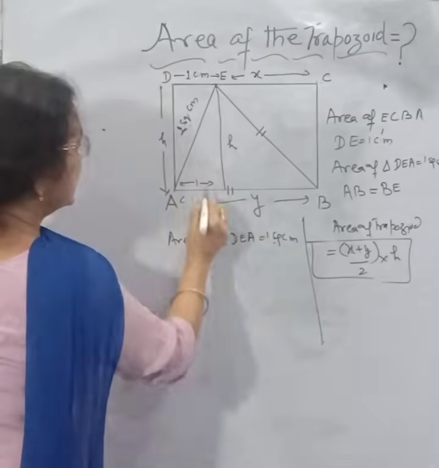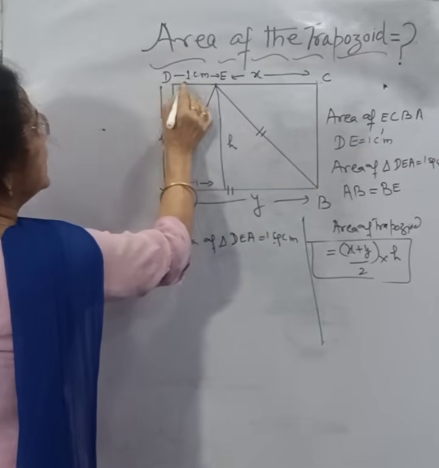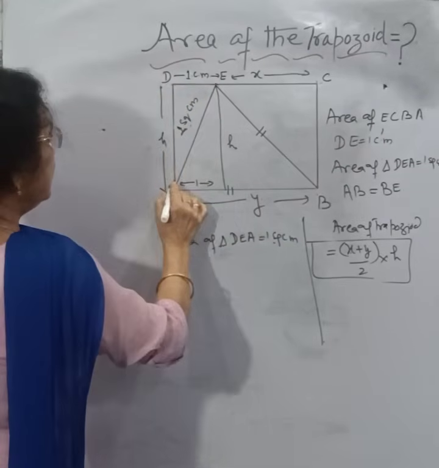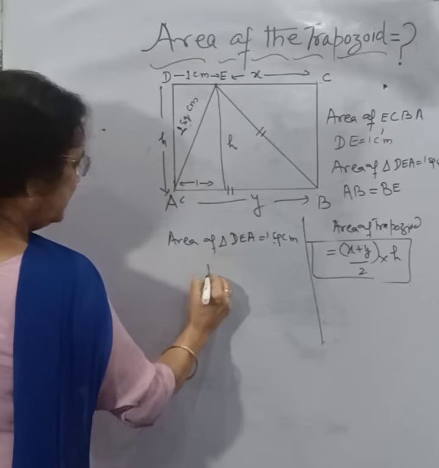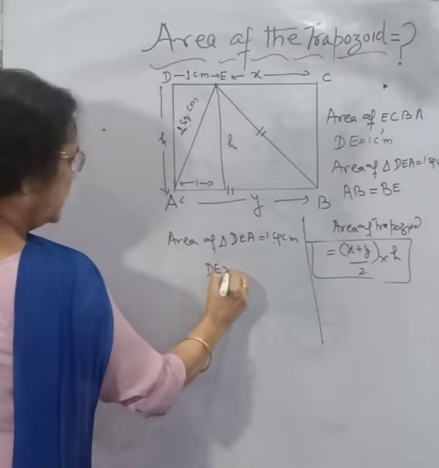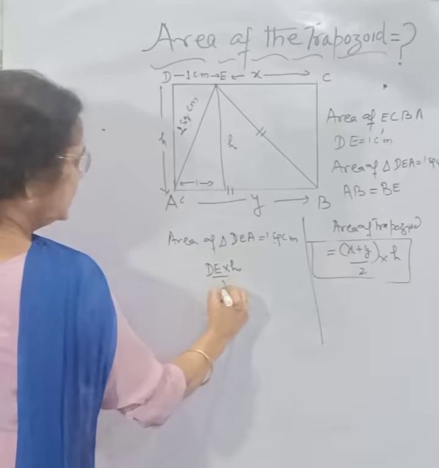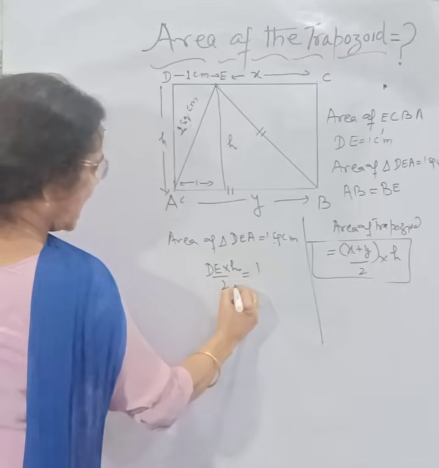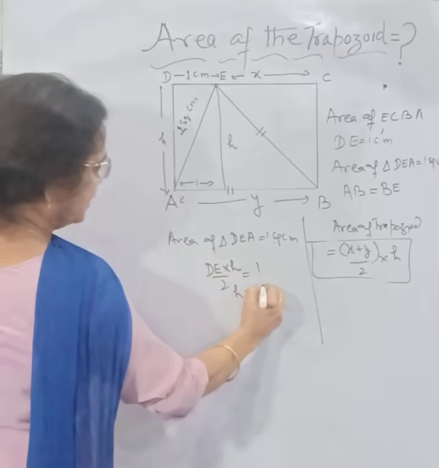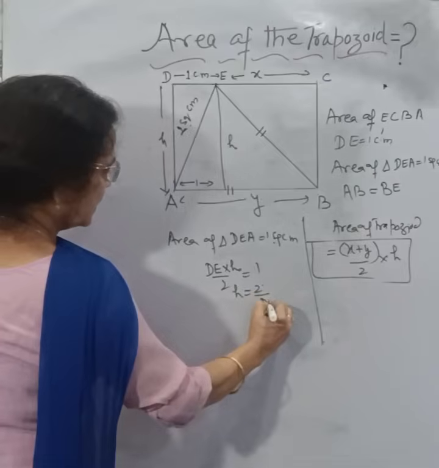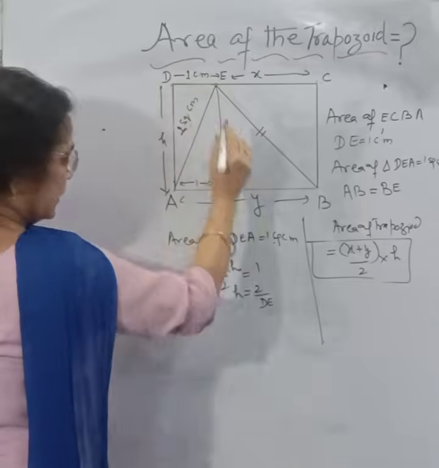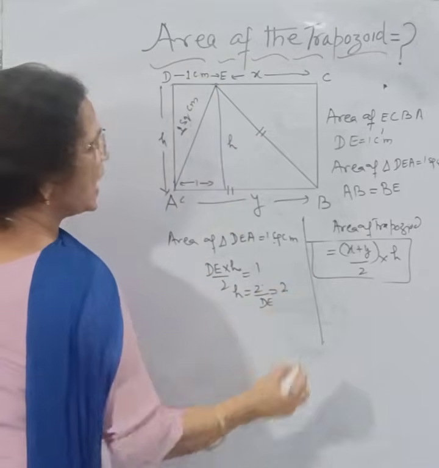As per the formula के हिसाब से, area is DE into H by 2. This is equal to 1. It means H will be equal to 2 upon DE. But DE is equal to what? 1. It means H is equal to 2.